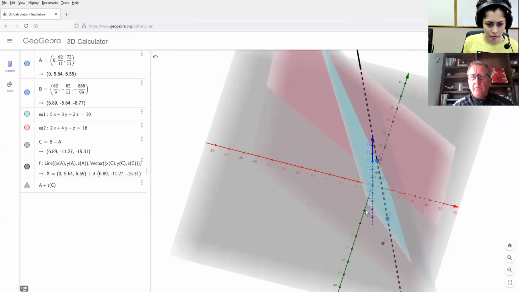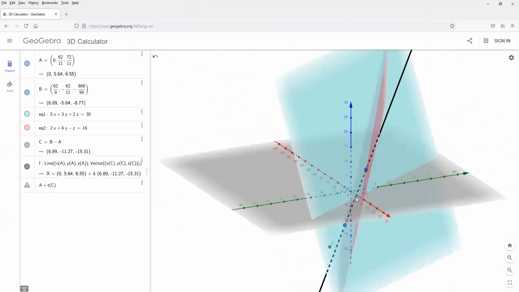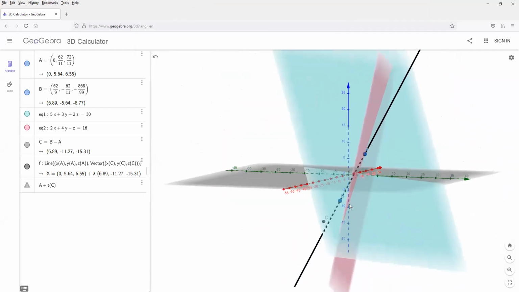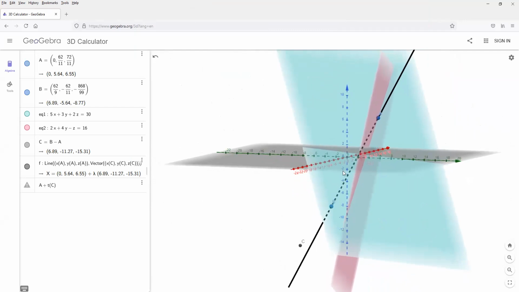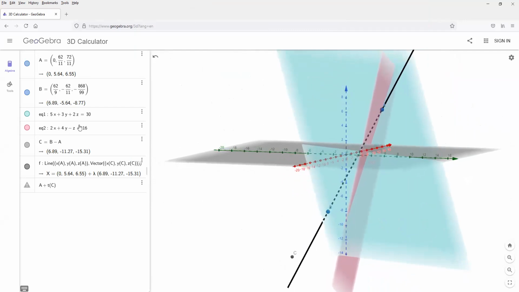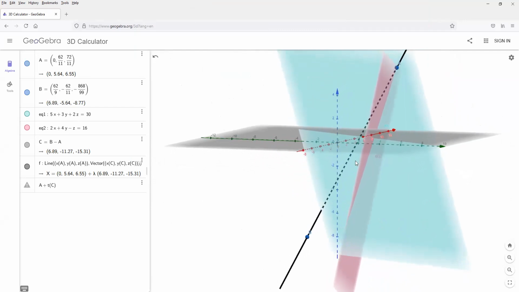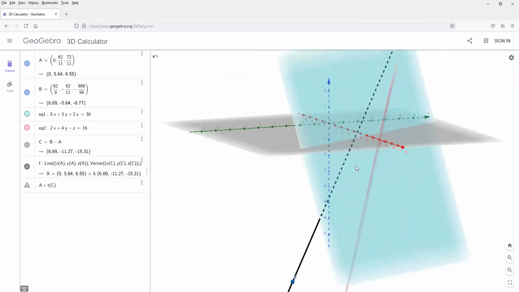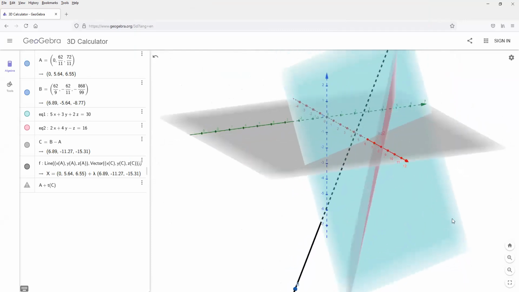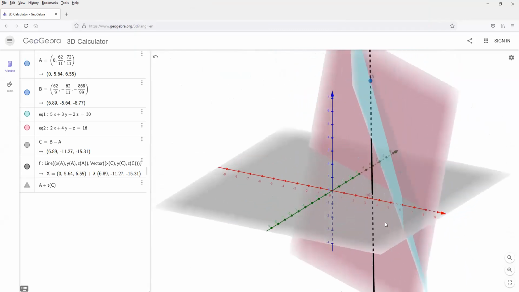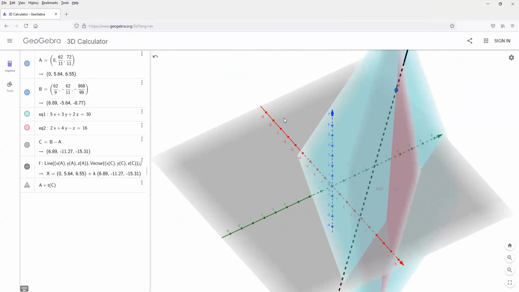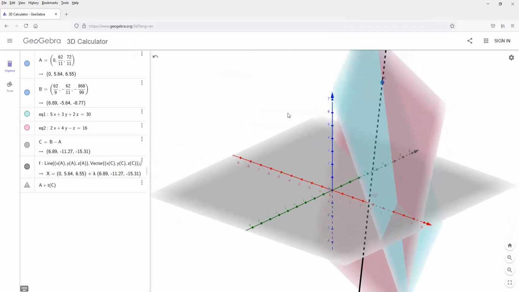I think my planes might be where I went wrong. So 5, 5, 3, 2, 30, 2, 4, negative 1, 16. And we said A was 0.